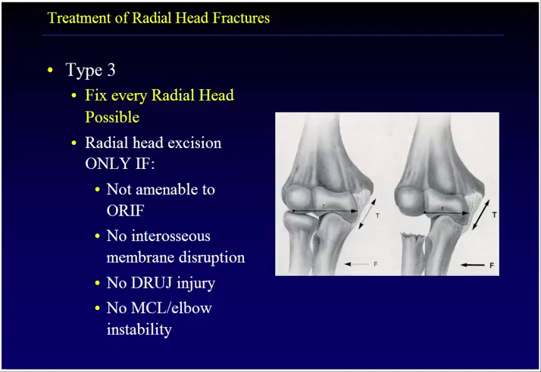Type 3 fractures. The take-home point here is to remember that acute excision of the radial head is never indicated without doing something to replace it. So do not excise the radial head and leave it without some sort of concomitant radial head replacement. We try to fix every radial head that we can.